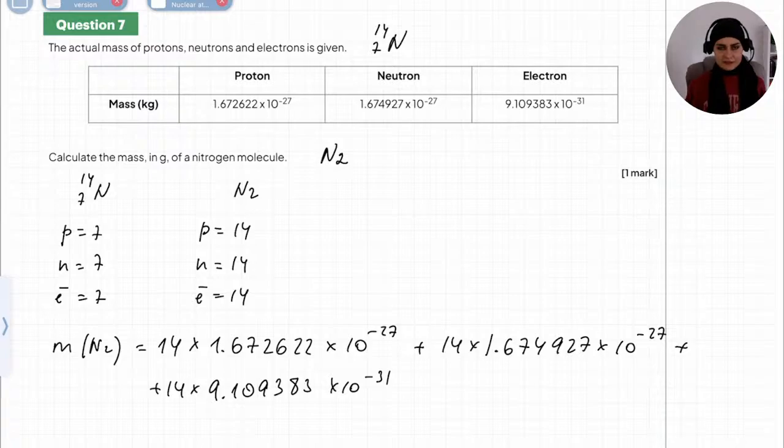I'm not calculating this, okay? You can do it. I trust you can press the correct buttons on your calculator, so you just calculate that.